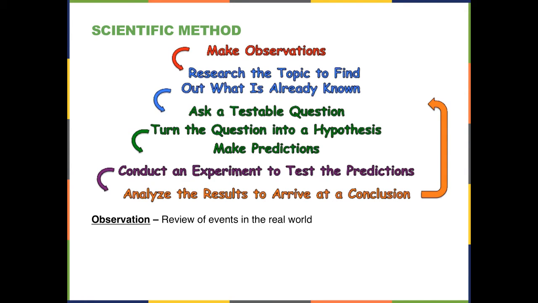The scientific method starts with what is known as an observation or a series of observations. And what this means is that a person goes out into nature and they make an observation. They see something that happens in nature. They might write it down or just take note of it.